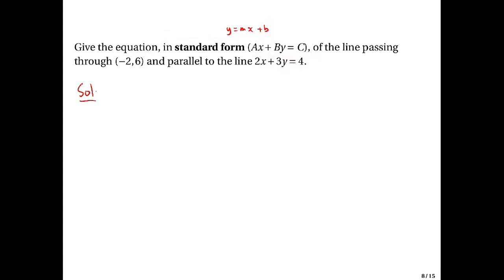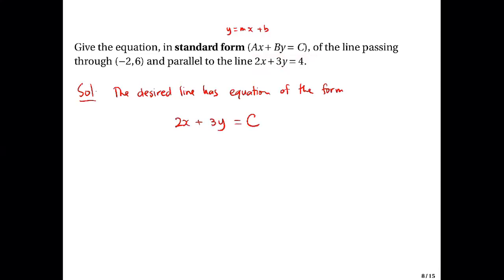Another way to solve this is that if two lines are parallel, then they will have the same coefficients for x and y. So in here, the desired line has equation of the form 2x plus 3y equals c.